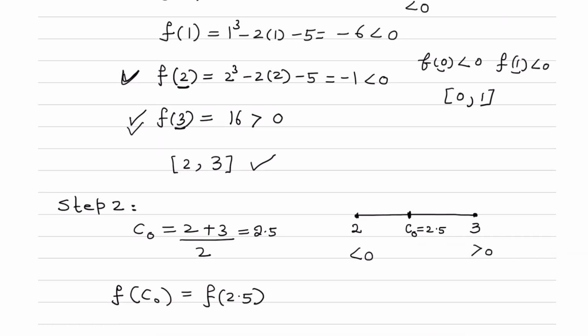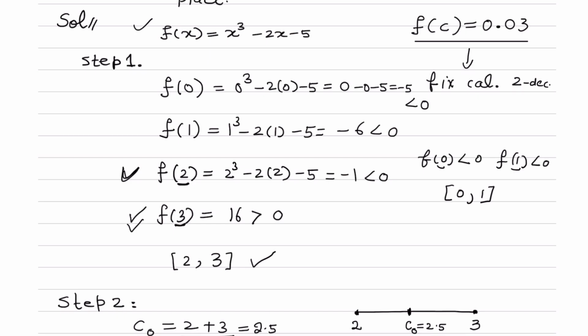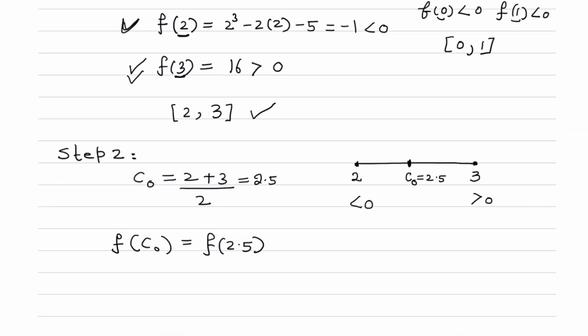After finding c naught, find the value of the function f at c naught, which means find f of 2.5. Since your function is f of x equal to x cube minus 2x minus 5, use this to find f of 2.5, which is 2.5 cube minus 2 into 2.5 minus 5. When you use your calculator, it gives you 5.63 and it is positive.